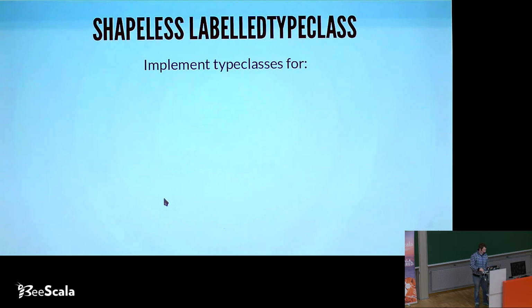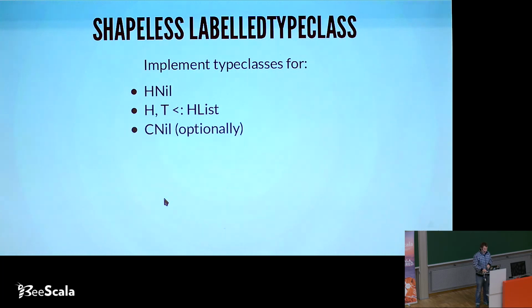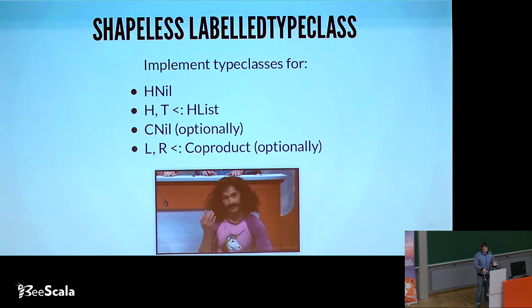So this is a collection of helpers for the label type class, just type class, and so on. The general idea of this family of helpers is that you just define a couple of type classes for hnil, for hlist, and if you want it to work with coproducts and sealed traits, it's just the same for cnil and clist, and it will just work without much code written for that.